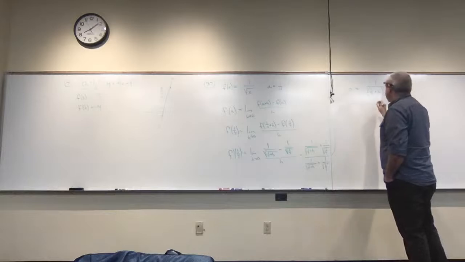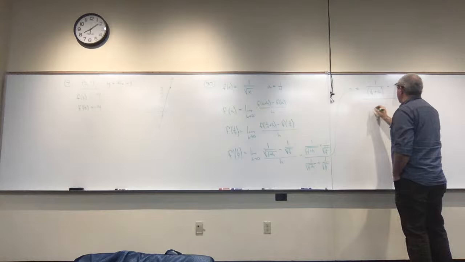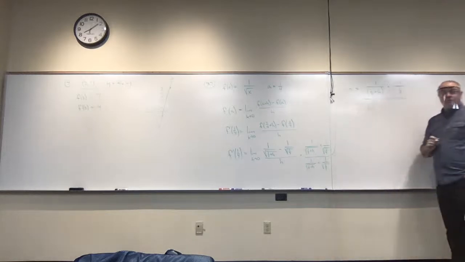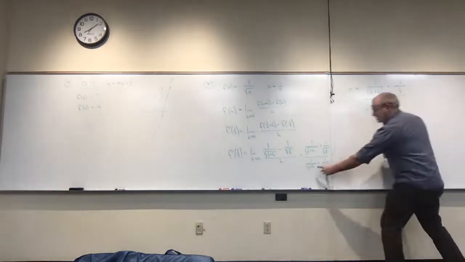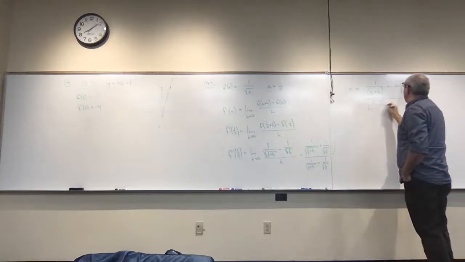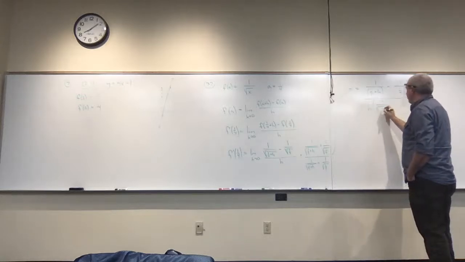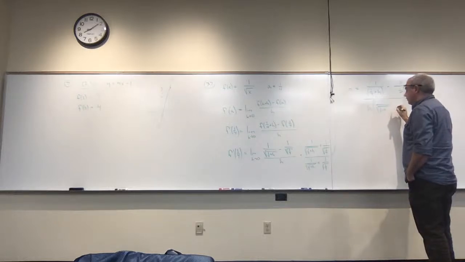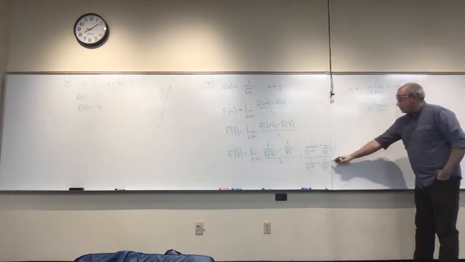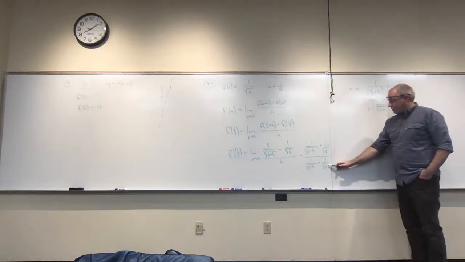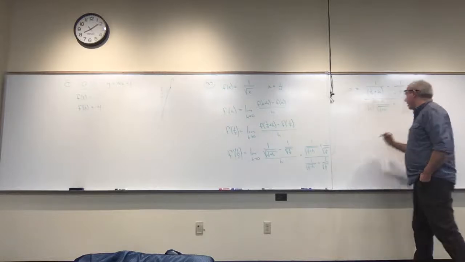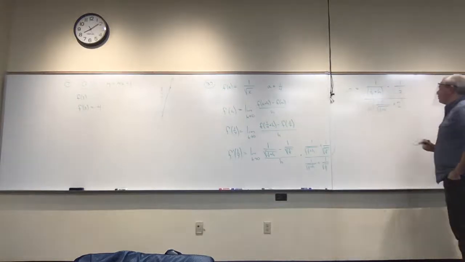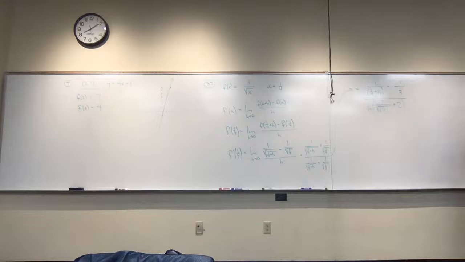And then I still have the bottom, right? On the bottom, I still have that h sitting out there. And then I have this thing, which is 1 over the square root of 1/4 plus h, plus 1 over the square root of 1/4. But I already said that the square root of 1/4 is 1/2, and 1 over 1/2 is the same as 2, so I might as well just write that as a 2.